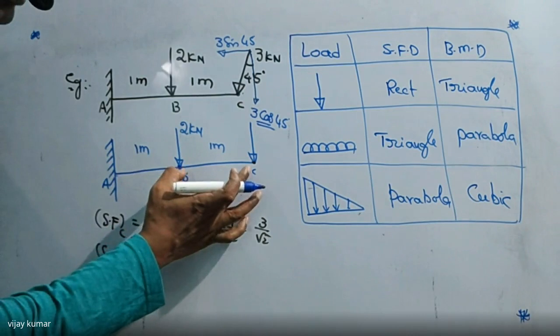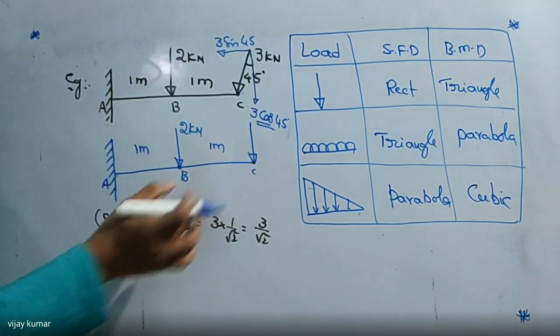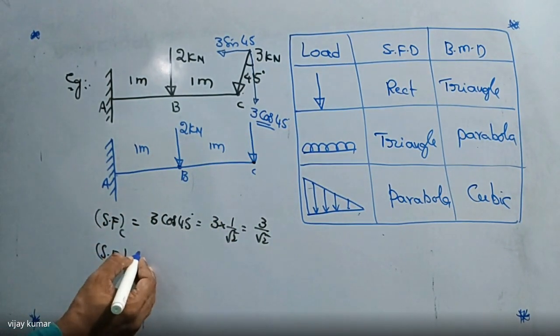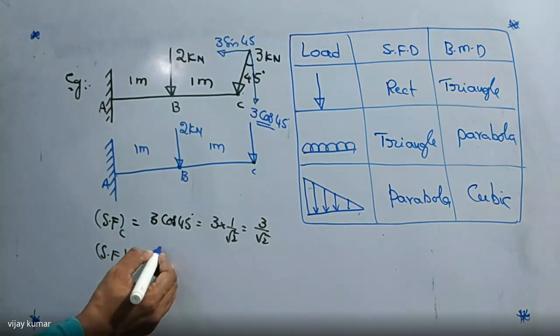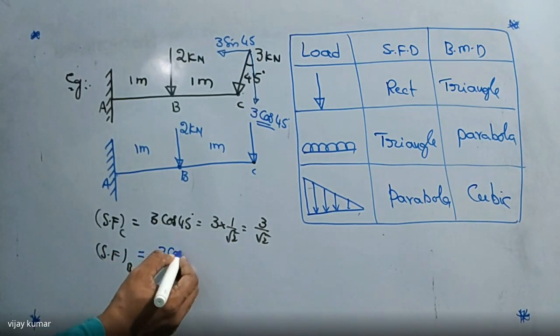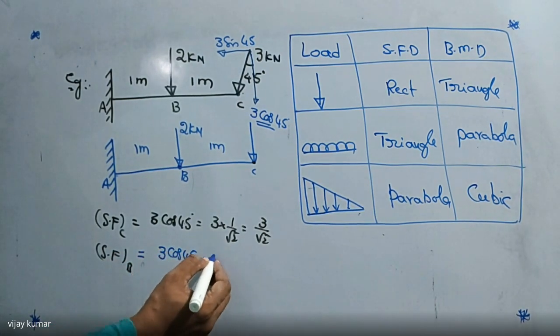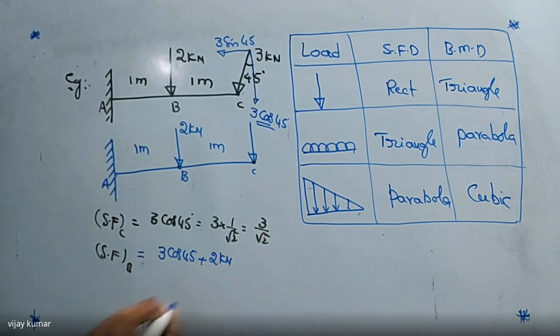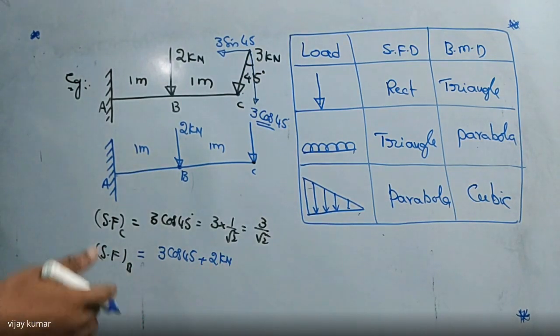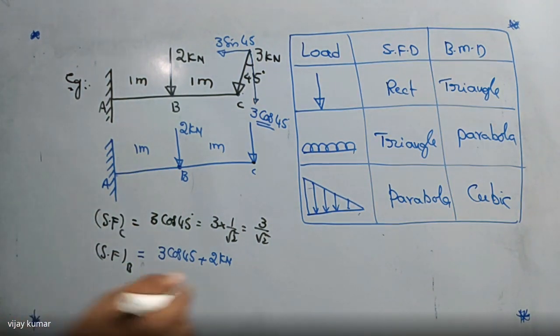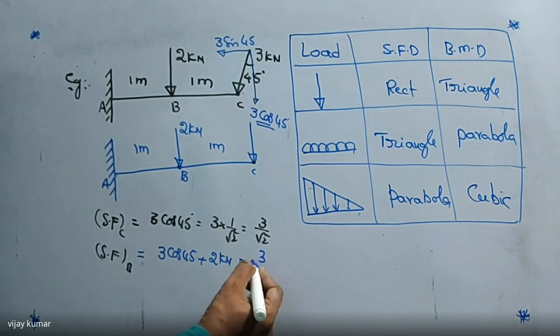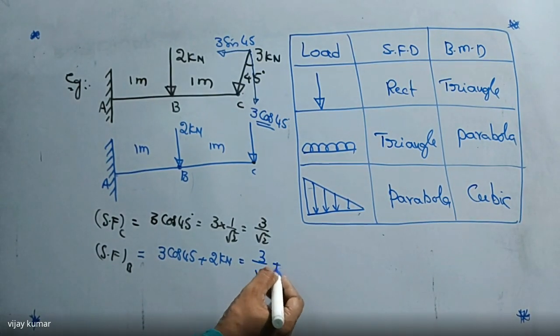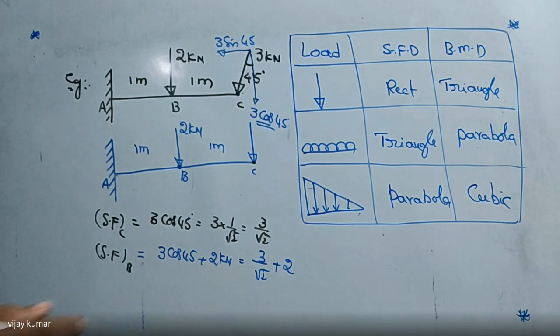On this portion, two forces are acting. So the shear force at point B is 3 cos 45 degrees plus 2 kilonewtons. Why? Because shear force is nothing but the sum of upward forces and downward forces. So here I am writing 3 by root 2 plus 2 kilonewtons. That is the value of shear force at B.